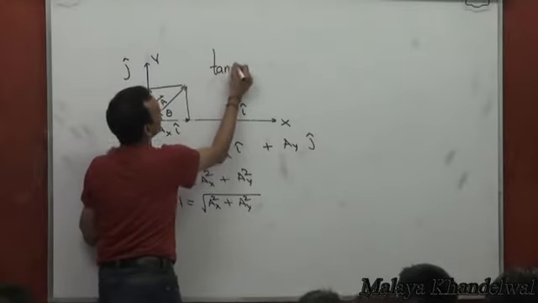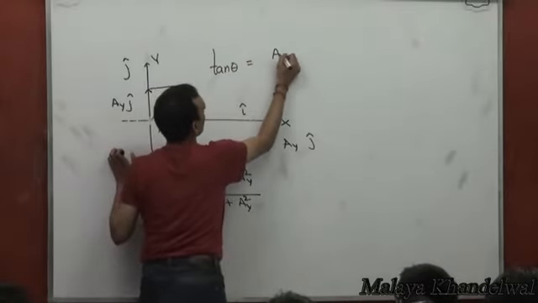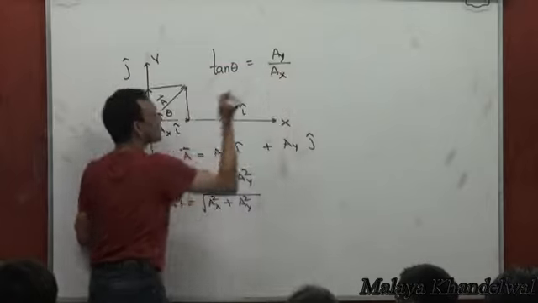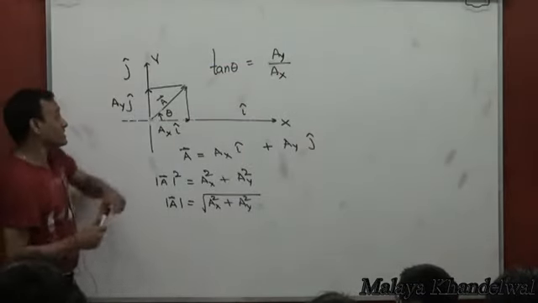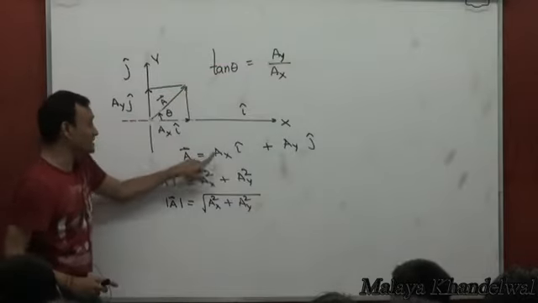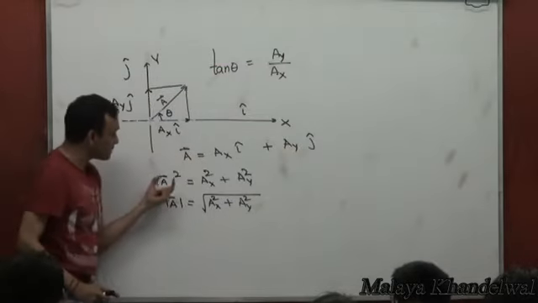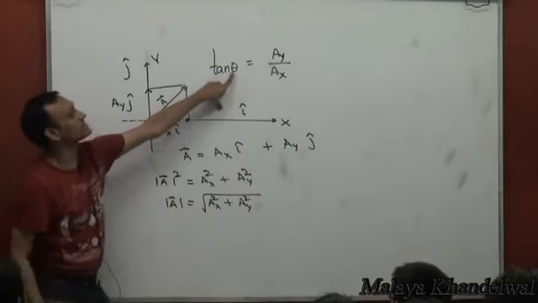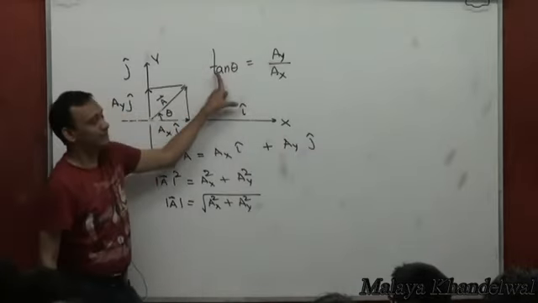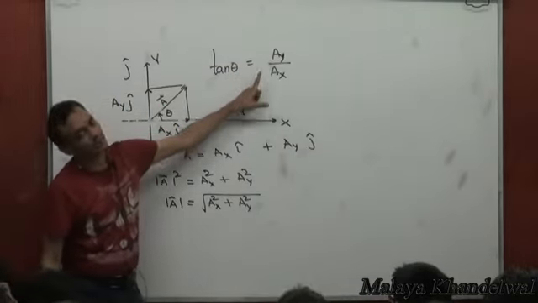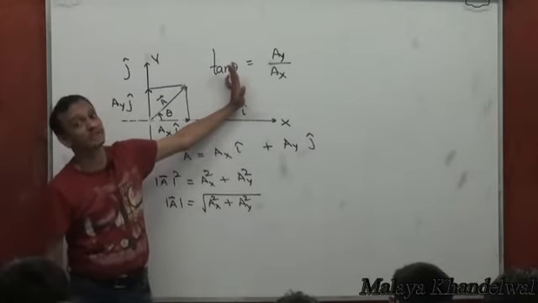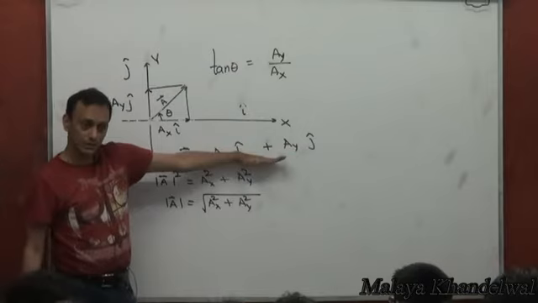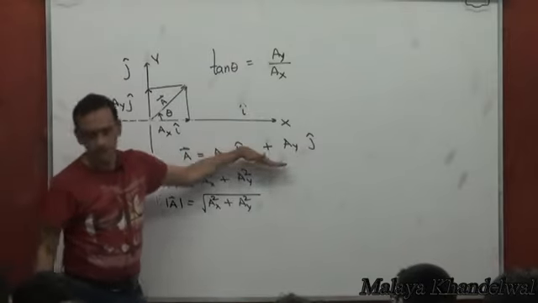So tan theta would be AY by AX. So the direction of the vector A, given a vector A as AX I cap plus AY j cap, its magnitude is given by this, its direction theta is given by tan theta equal to AY by AX. Right? This will give me the direction theta of the vector A represented in this manner. Clear?